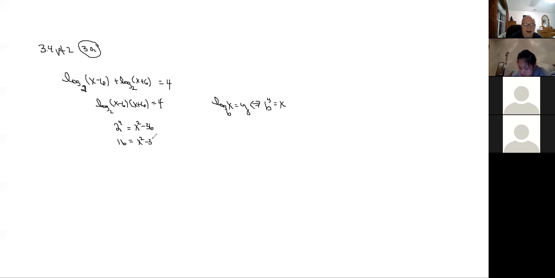And now it's just a matter of isolating the x. So just add 36 to the left side. So 36 plus 16 is 52. And then x is equal to plus or minus the square root of 52. Okay? Yeah. Now, the square root of 52 can be simplified into a different version. 52 is, what is that?